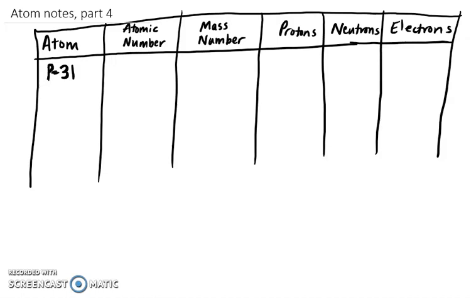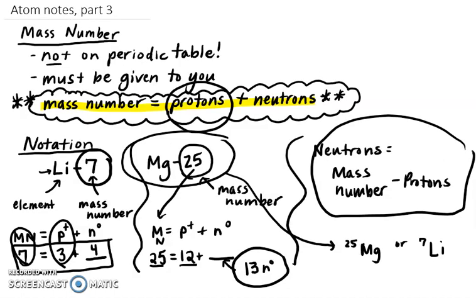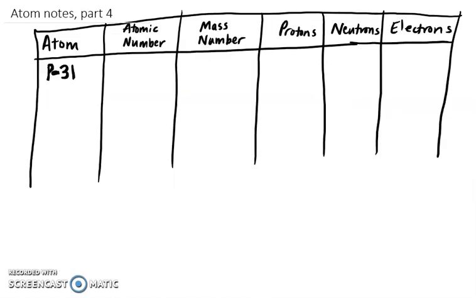We learned that this is the name of the element, P. I would look on the periodic table for P, which is phosphorus. And this number afterwards, if you look at your notes, tells us the mass number, okay? So I know that the mass number of this, because it's right here, is 31.